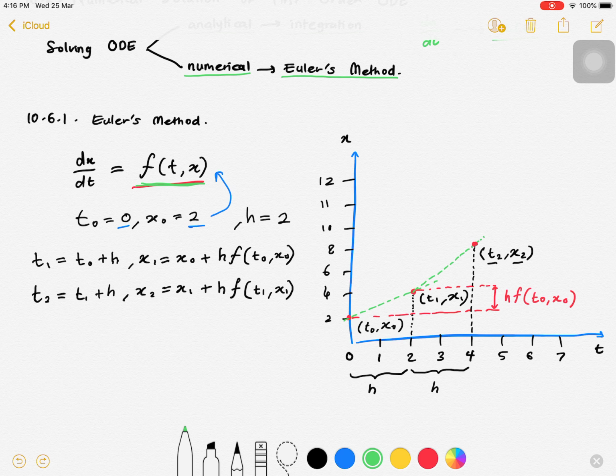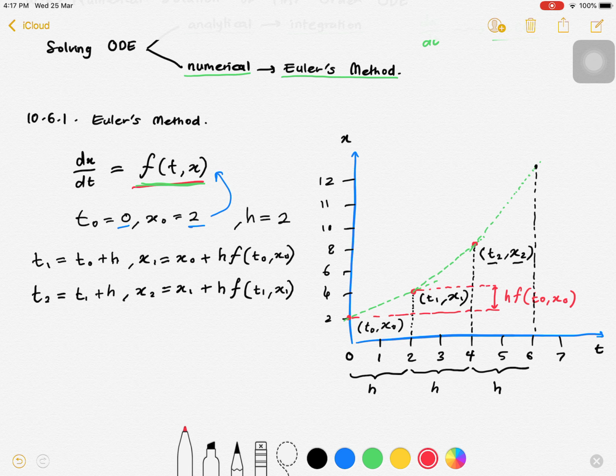Let's say the gradient increases again, so I can redraw it like that, a straight line, and then with the same time step h, we make a straight horizontal line again.